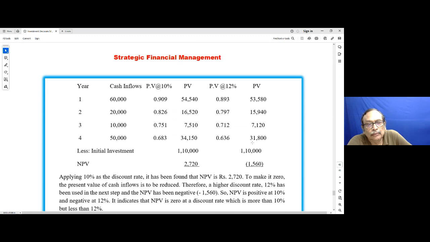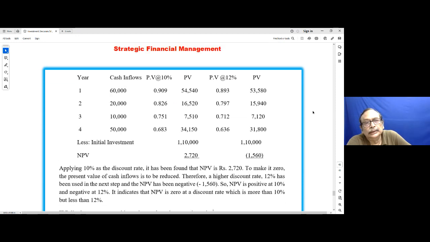Now we are going to calculate the net present value taking into consideration two discounting rates, that is 10%, and looking into the NPV that will be calculated, then we are going to look into a higher discount rate. You see, NPV is positive at a discounting factor of 10%.